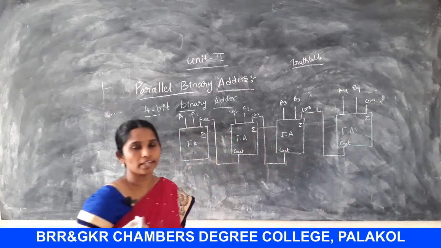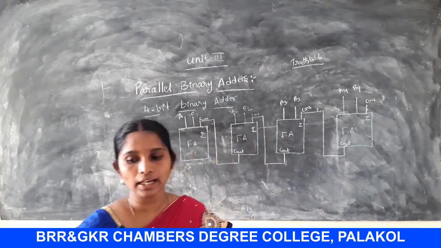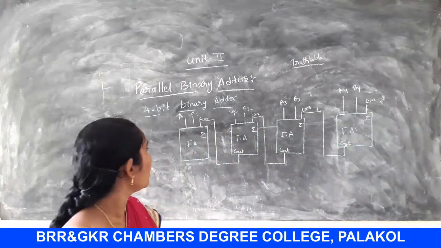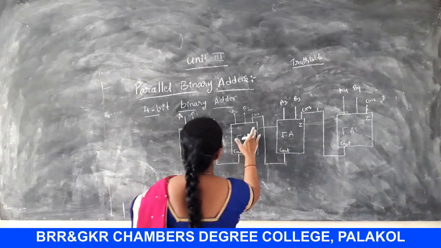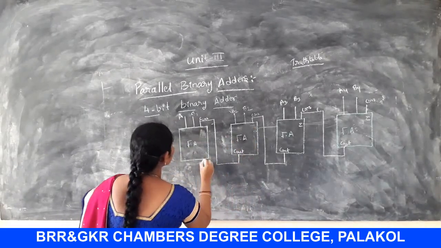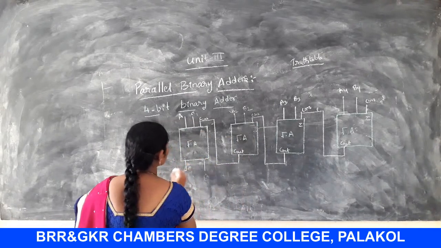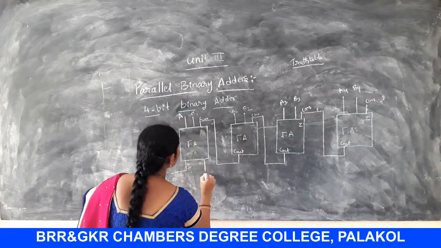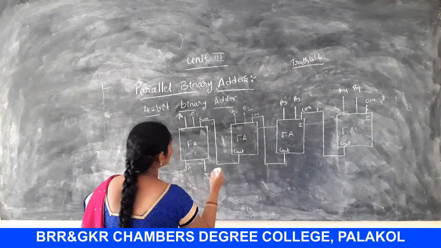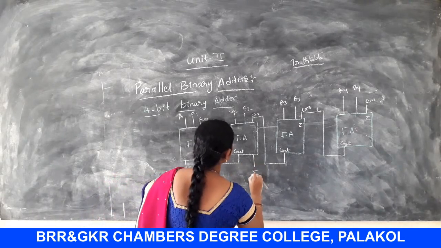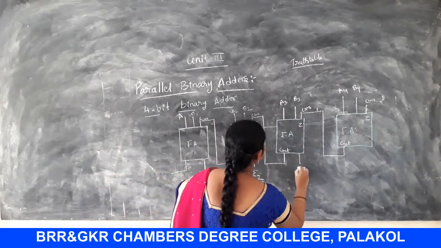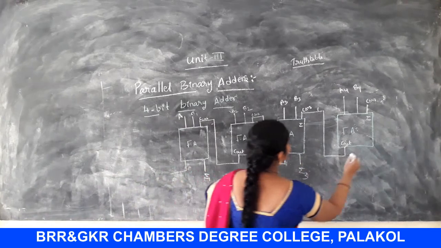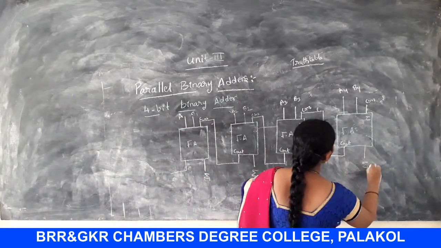Likewise we have to connect the carry out, and every full adder produces a sum. So here this is summation 1, this is summation 2, this is summation 3, and this is summation 4.